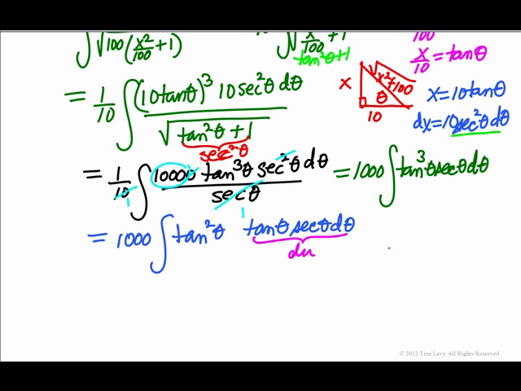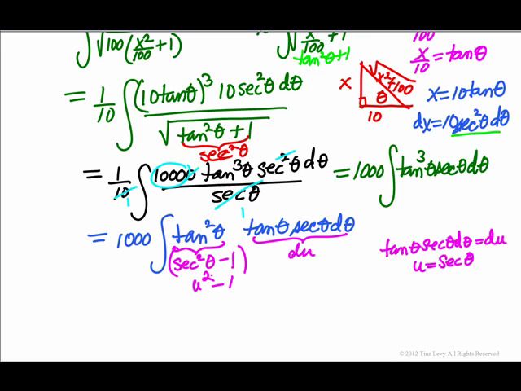So if tangent theta secant theta d theta is du, then my u is secant, which means I have to transform tangent squared into secant squared. So tangent squared is secant squared theta minus 1. So this is really u squared minus 1 du.